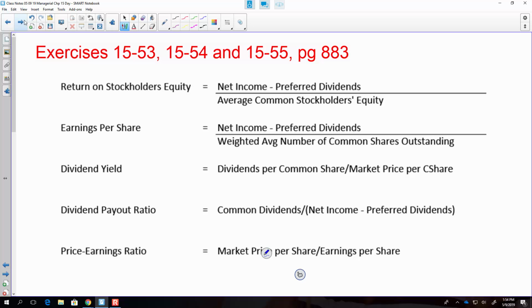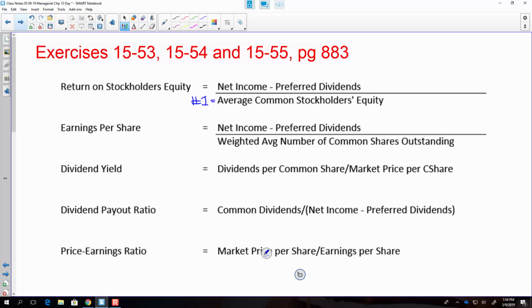And first off, question number 1, calculate the average common stockholders' equity. So I'm on problem 53. Number 1 is trying to come up with this average common shareholders' equity. So like the example in the book, we'll basically take our total stockholders' equity and subtract off the preferred stock.